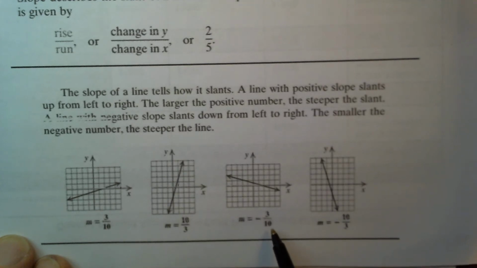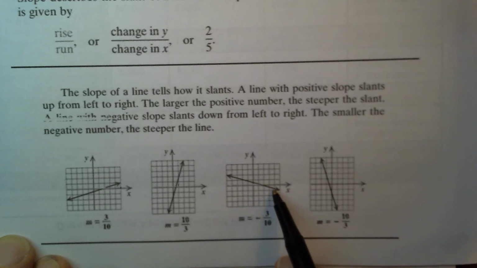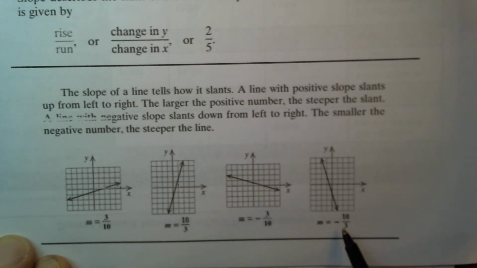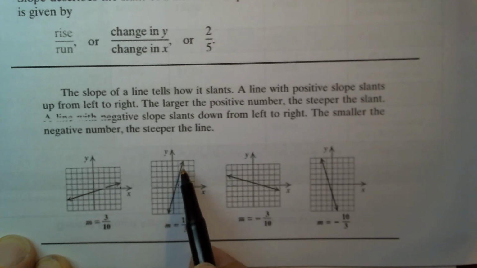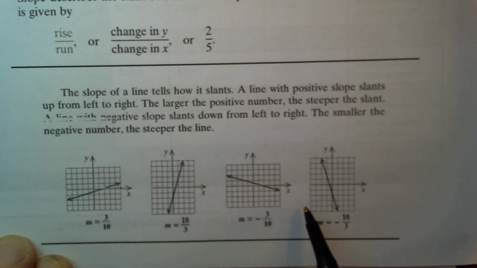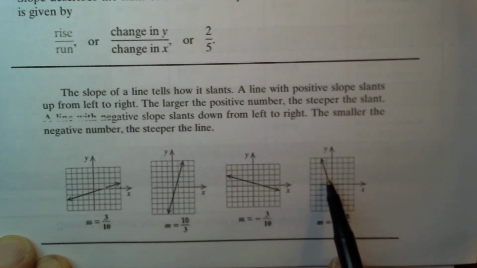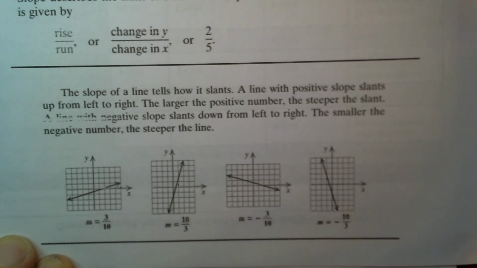When we have negative slopes like minus 3/10 or minus 0.3, it leans in this direction, not much. But as the number gets smaller, in other words, more negative, minus 10/3 or minus 3 1/3, the line leans much more steeply. So this is just to have a general understanding that the more positive the slope, the steeper the line, and the more negative the slope is, the steeper the line leaning in the other direction.